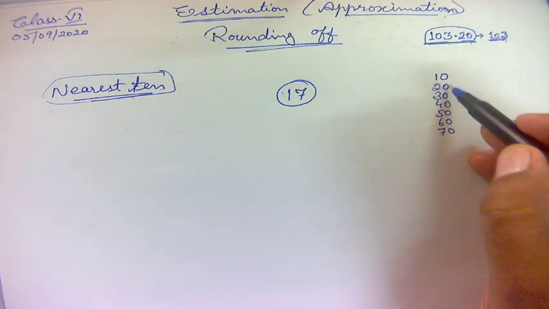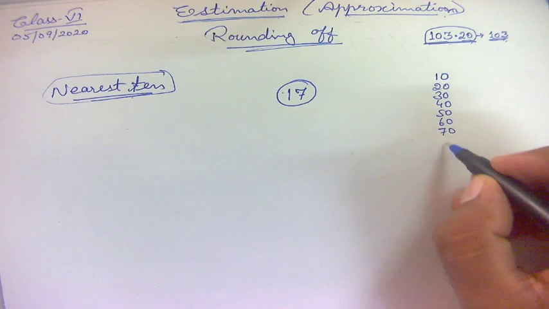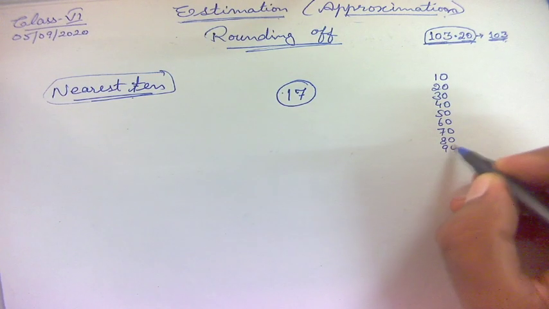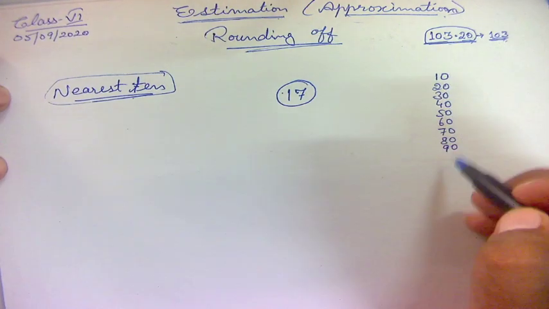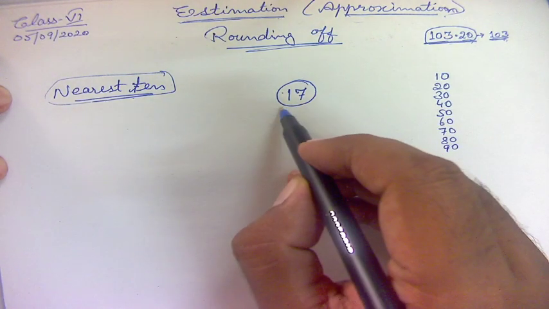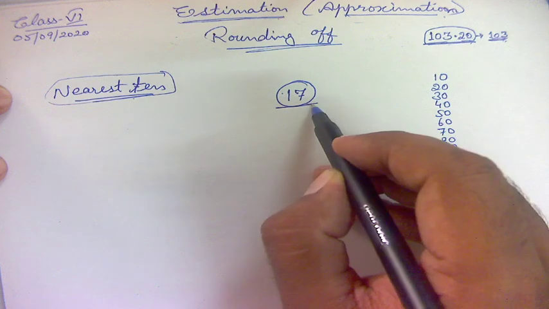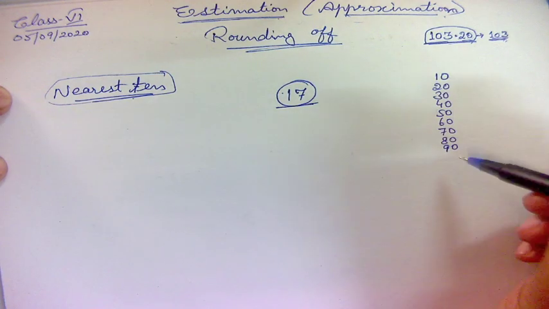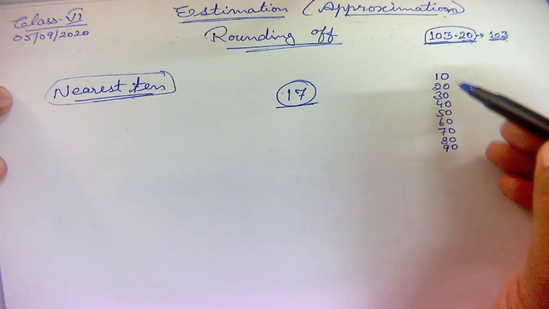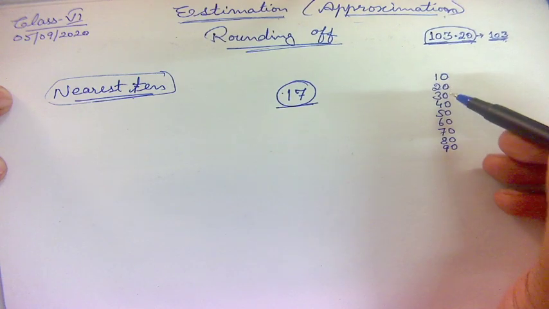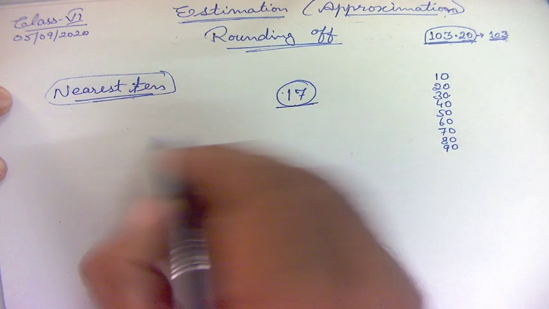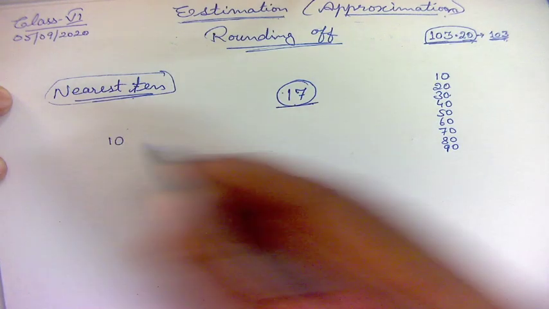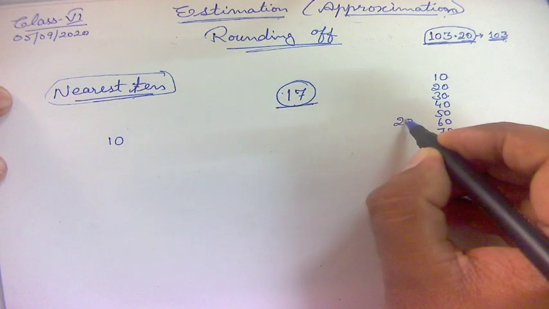These are the tens. Now you have to see which number the given number is near to, whether it is 10, 20, or 30. Because it is 17, it lies between 10 and 20.